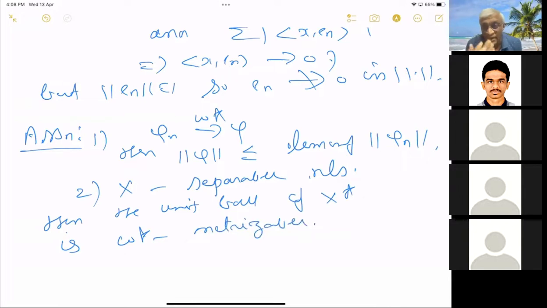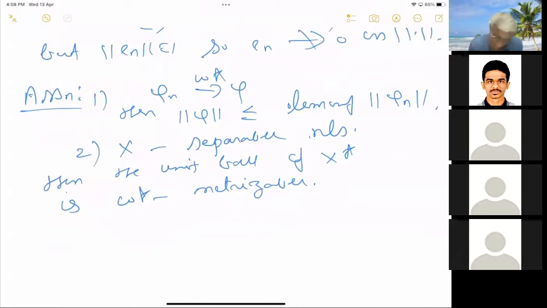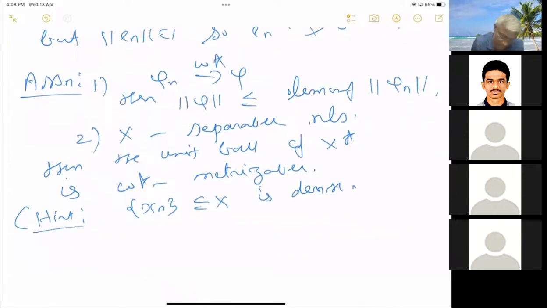That is, there exists a metric on the unit ball, not on the whole of X star, which generates the topology which is the same as the weak star topology. So maybe I'll give you a hint on how to proceed. Let x_n be a countable dense subset, which exists because X is separable.